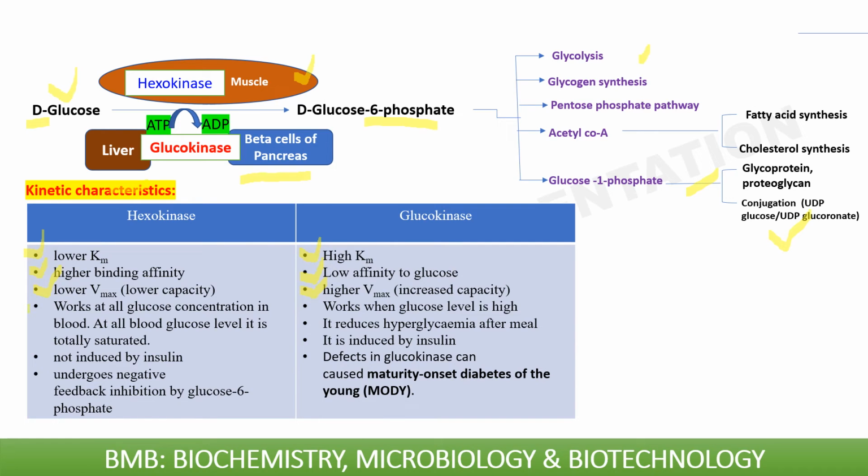Hexokinase works at all glucose concentrations in the blood. At all blood glucose levels, it is totally saturated, whereas glucokinase works when glucose level is high.